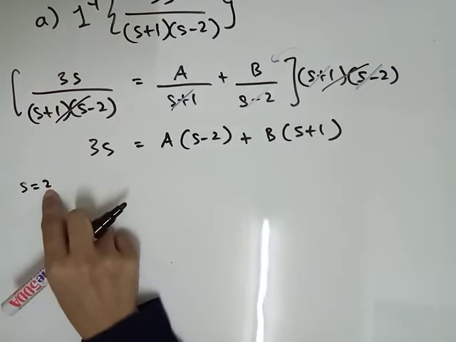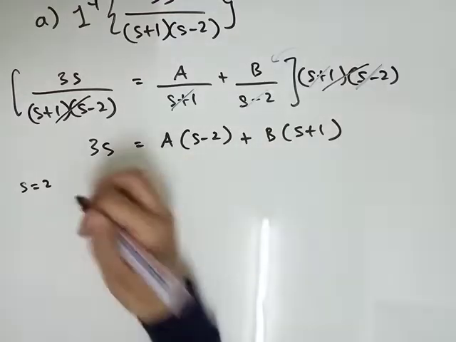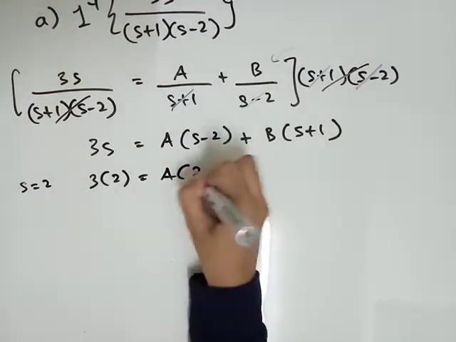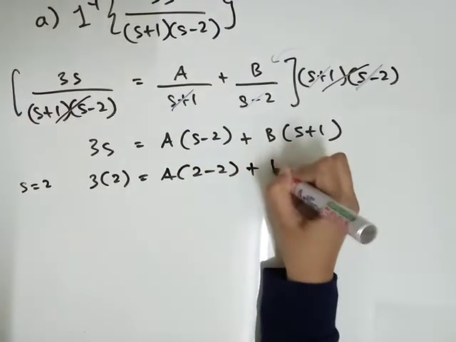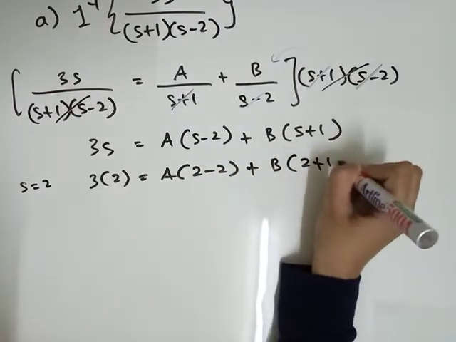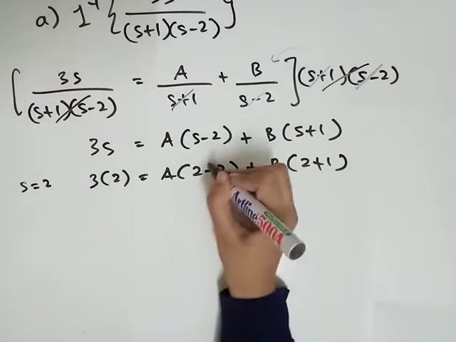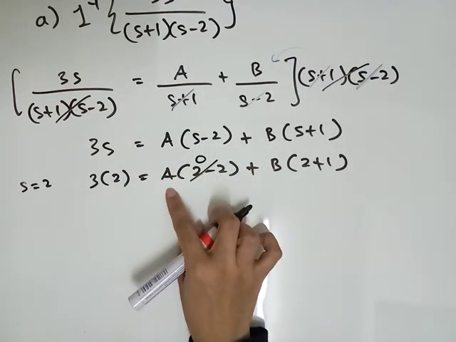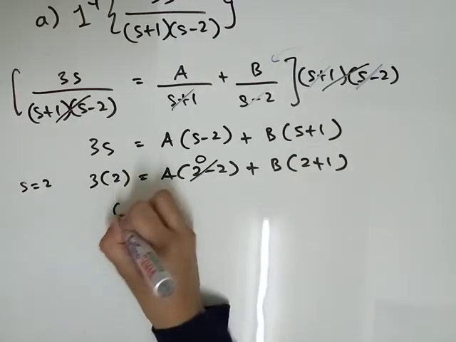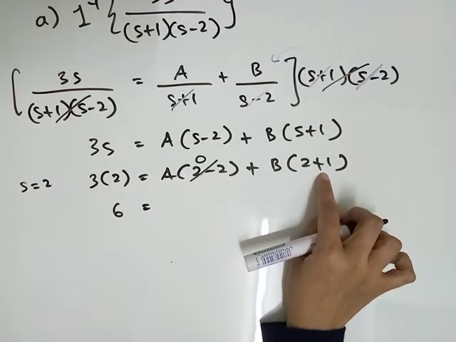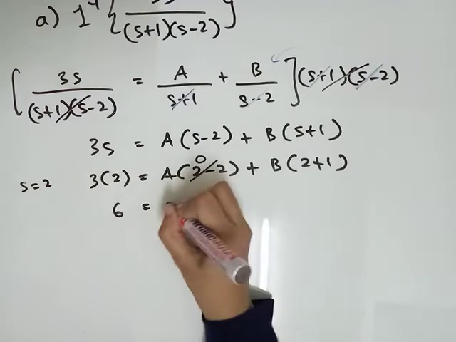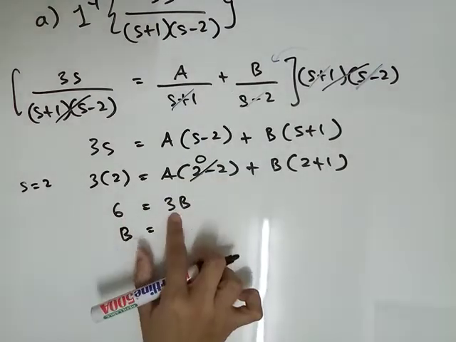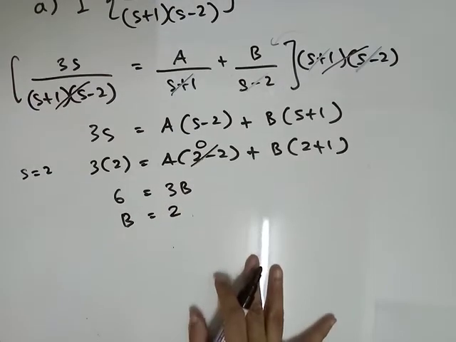Substituting 2 into each s: 3 times 2 equals A times (2 minus 2) plus B times (2 plus 1). 2 minus 2 is 0, 0 times A is 0, 3 times 2 is 6, and 2 plus 1 is 3, so 3B. Therefore B equals 6 divided by 3, which is 2.